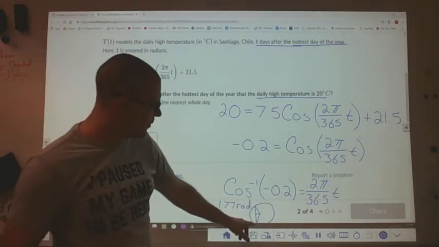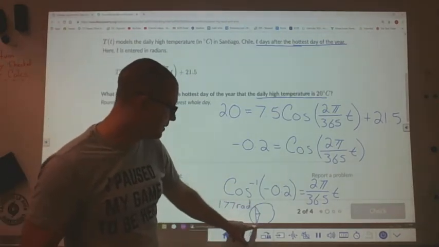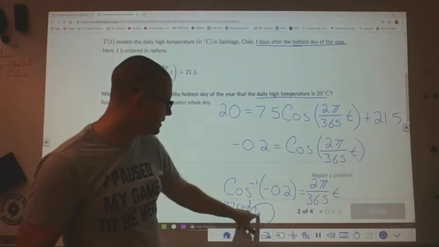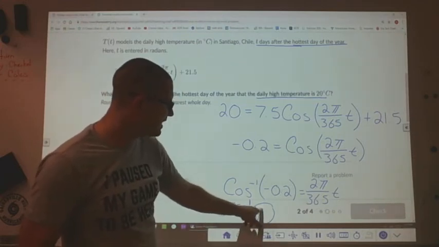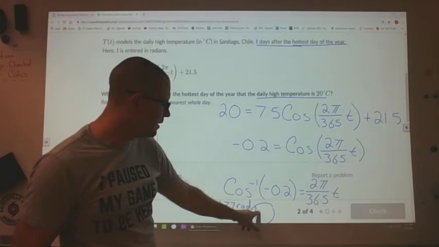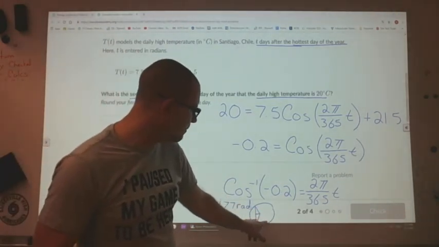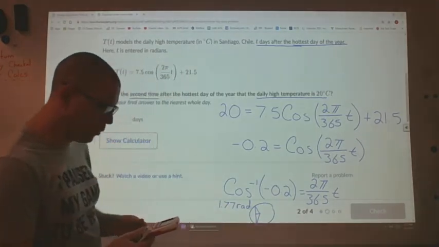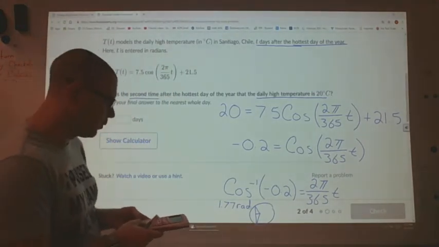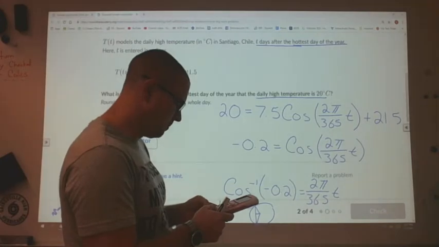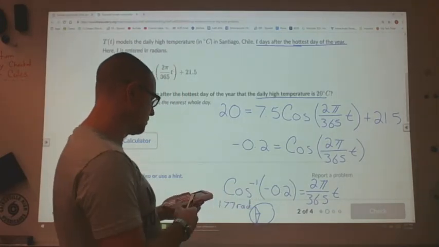Okay. But we want this one really. That's the one we're after. So I need to figure out if this is 1.77 all the way there, then I can find this one by doing 360 minus 1.77, or 6.28 minus 1.77. So this one's 4.51.